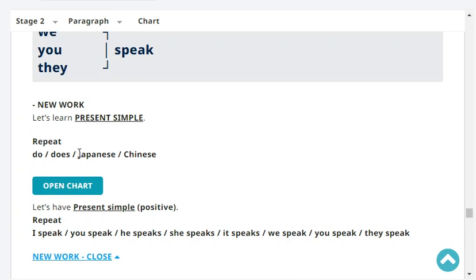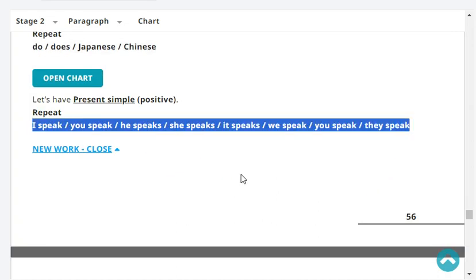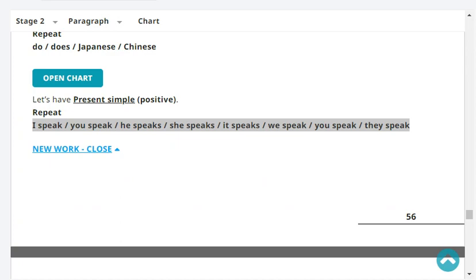For example, repeat: do, does, Japanese, Chinese. I speak, you speak, he speaks, she speaks, it speaks, we speak, you speak, they speak. Very good.